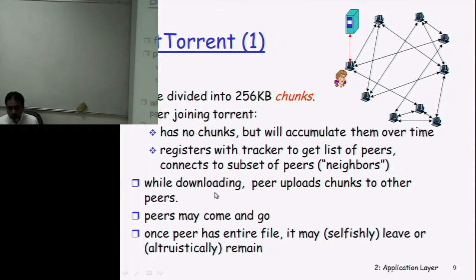While downloading, the peer uploads chunks to other peers. The new peer who has joined the torrent will download the file from one of the peers in the torrent. At the same time, this new peer will start uploading as well.